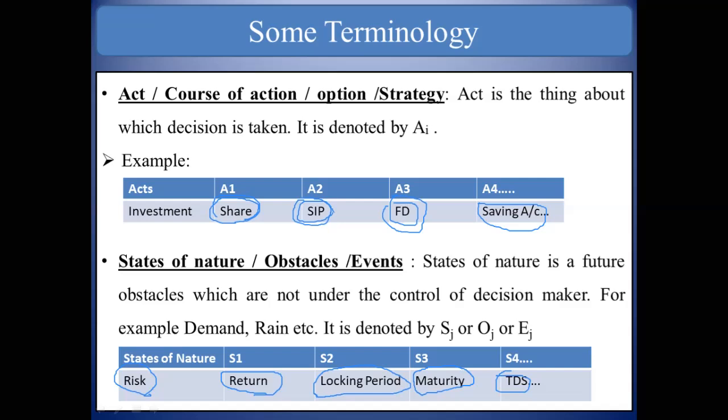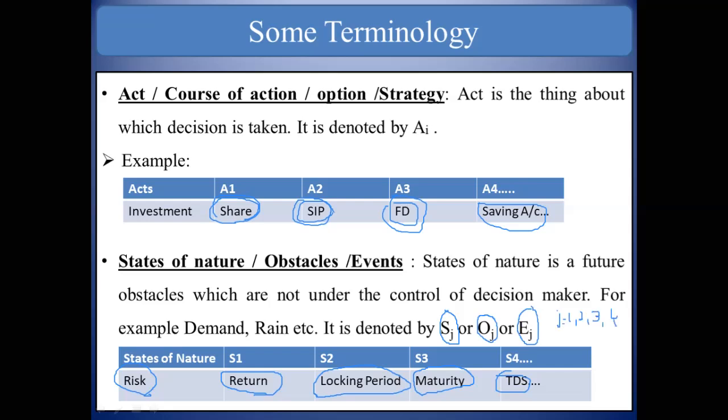And basically it is denoted by SJ, where S stands for states of nature, or OJ, where O is for obstacles, or sometimes you may define it by EJ, where E is for events. And the meaning of J is nothing but, suppose you have 4 obstacles, so we can say J equal to 1, 2, 3, 4.